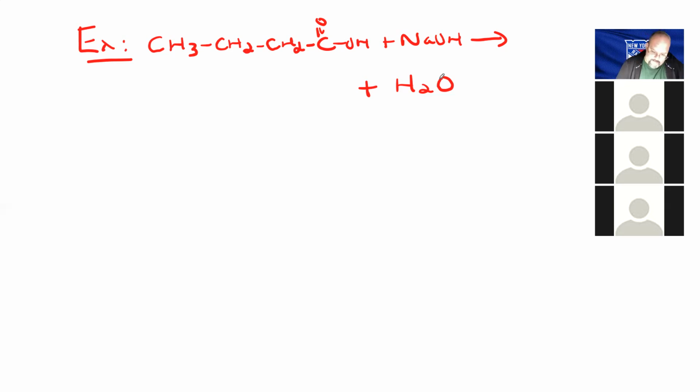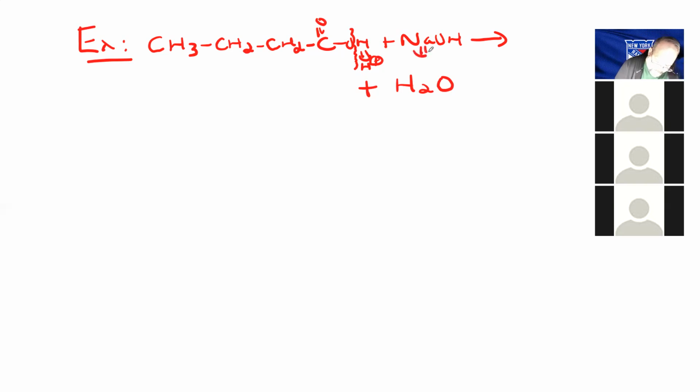So we know what a carboxylic acid does in water. It's going to dissociate between the O and the H, and the H is going to come off as H+. Now, the other thing to consider is sodium hydroxide and its behavior in water. We know from our discussions in the acid-base chapter that sodium hydroxide is a strong base, which means that its dissociation in water is complete.